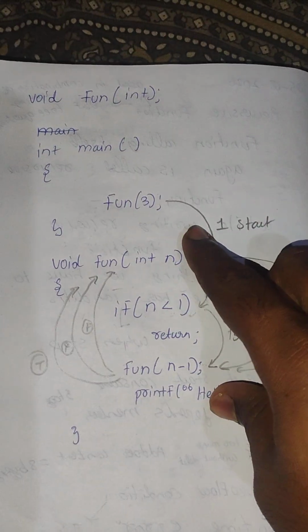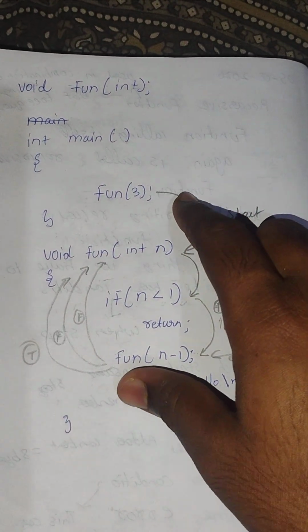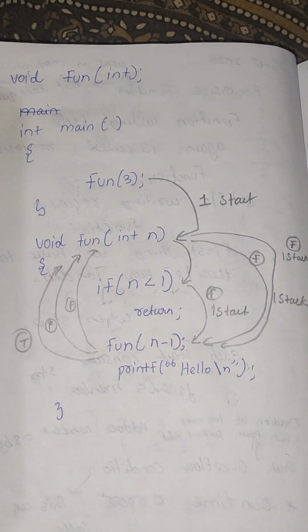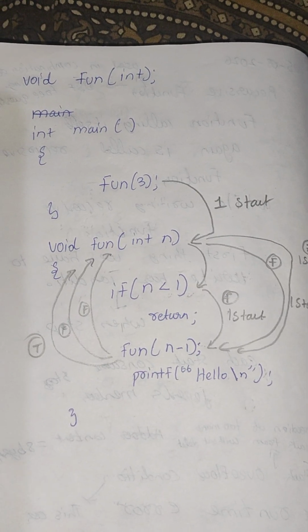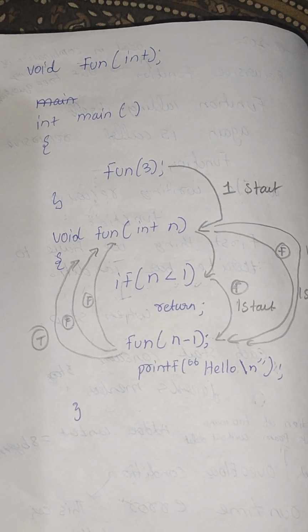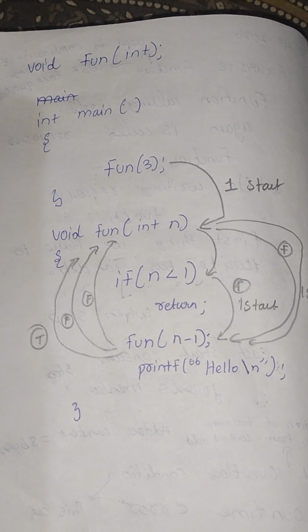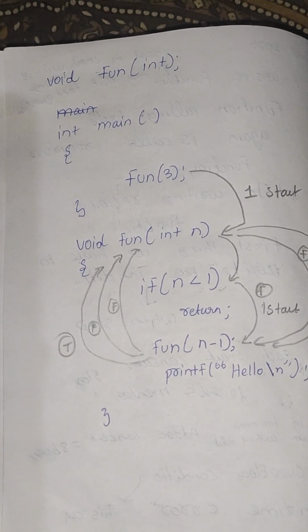So here is an example of a recursive function. How does a recursive function actually work? First I am declaring the function: int main() with curly braces.